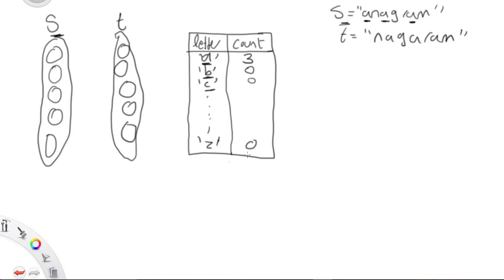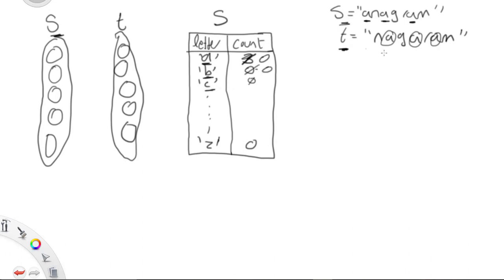After I've filled this hash table for the word S, I do the opposite for T. How many letter A's are there in T? Instead of adding 3, I'm going to subtract 3 because I have an A here, an A here, and an A here, so now it's 0. Then B, there are none here, so 0 minus 0 is 0.